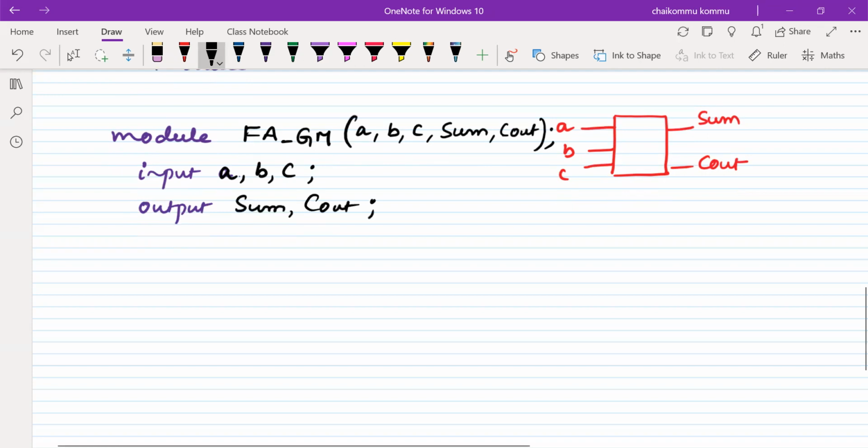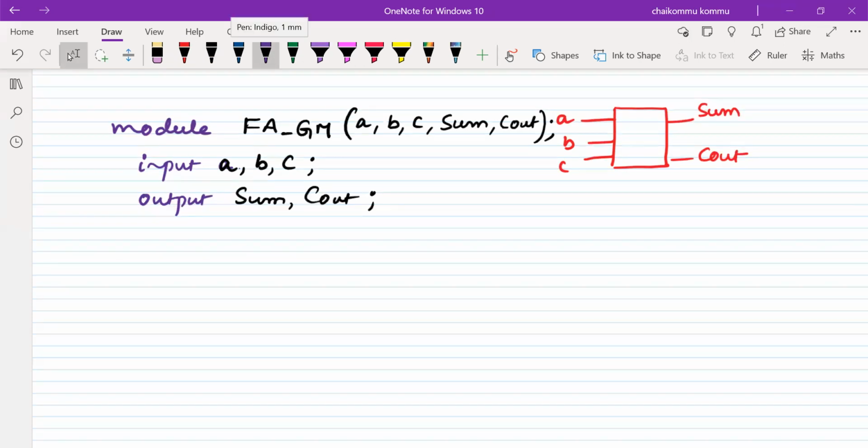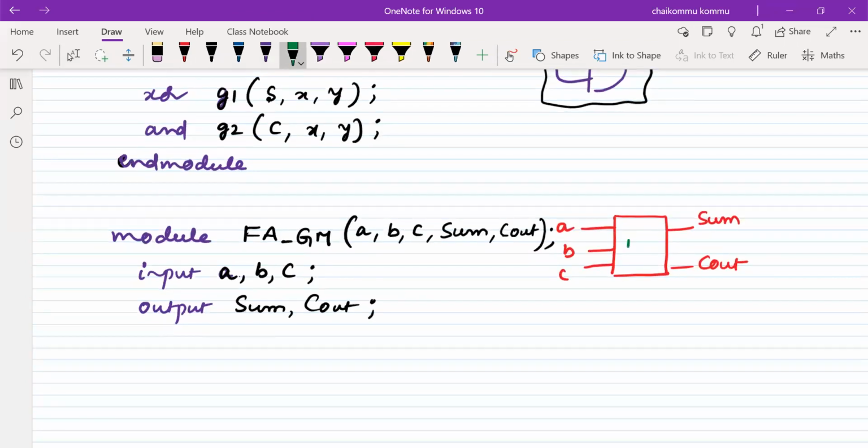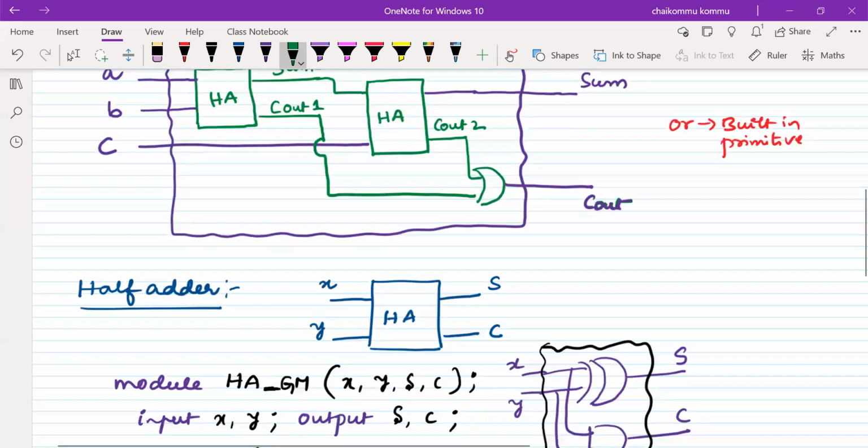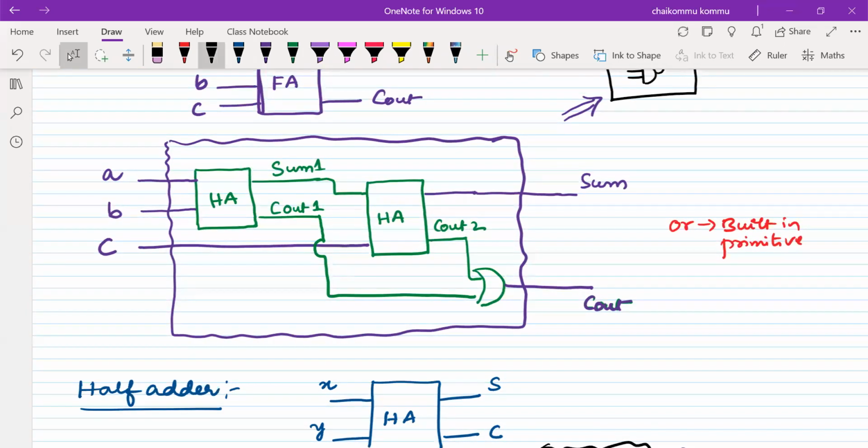Okay, fine. Now what we have to do now, so this is what is inside of this full adder, FA. Inside of the full adder is this module. So this is the circuit diagram, right? Therefore, better I want to copy this circuit diagram.